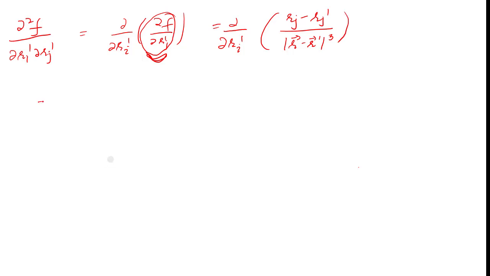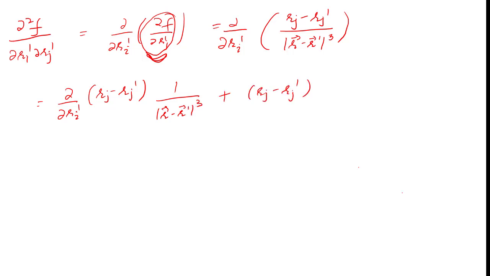So then I would have two terms here by chain rule. One is ∂/∂ri' of (rj − rj') times 1 over |r − r'| cubed, plus (rj − rj') times ∂/∂ri' of 1 by |r − r'| cubed.